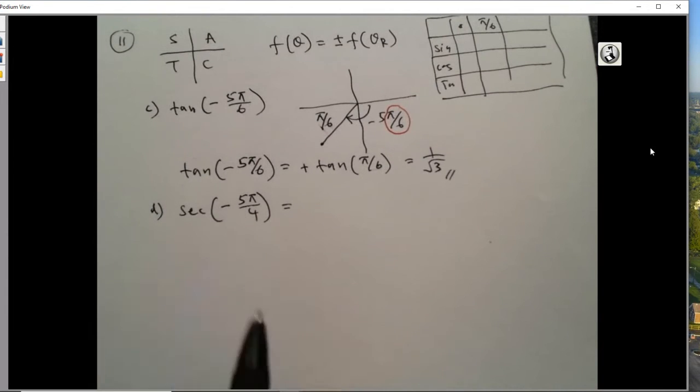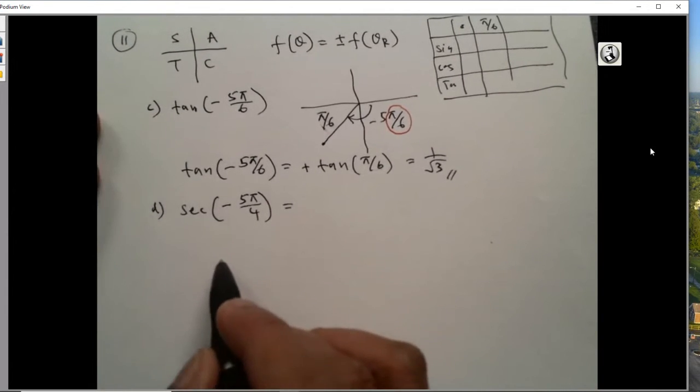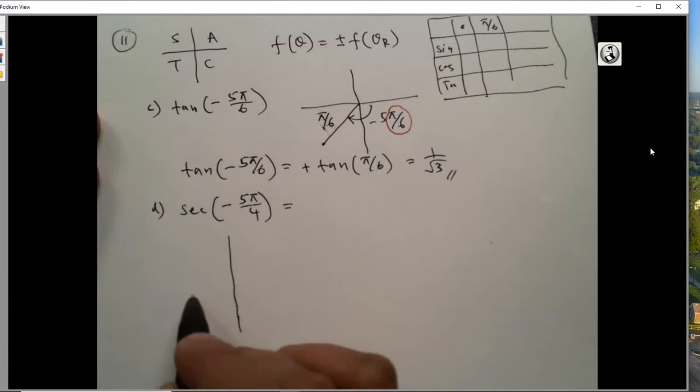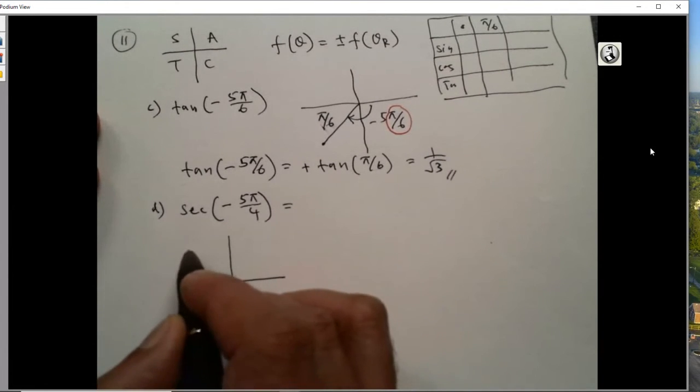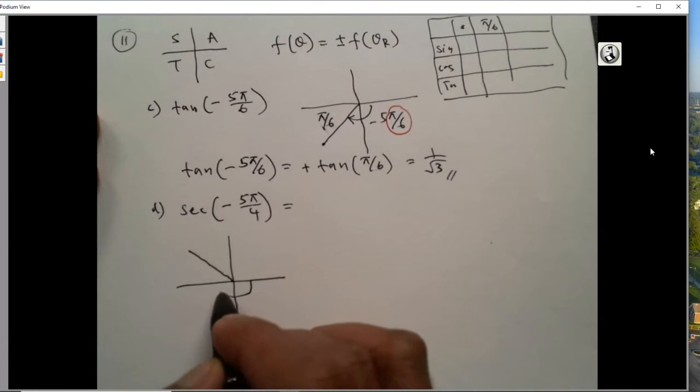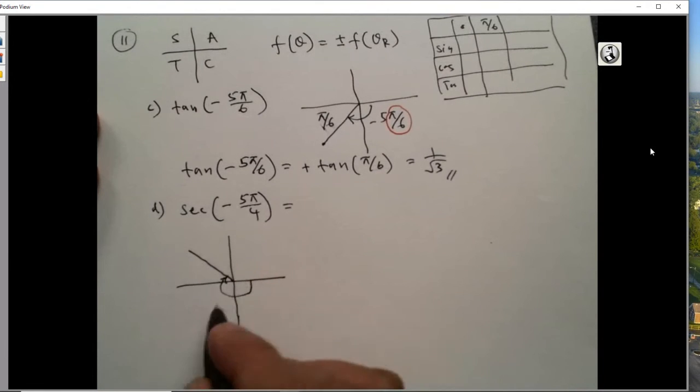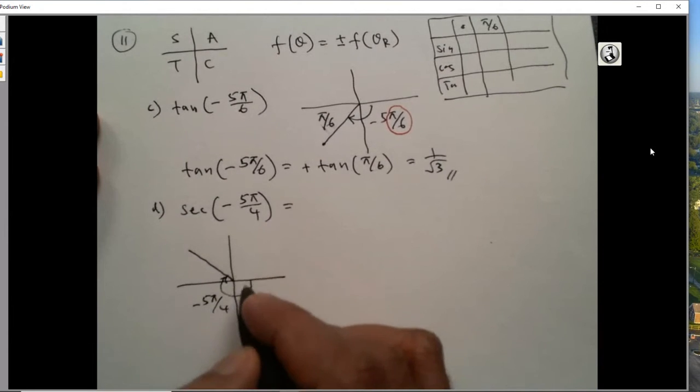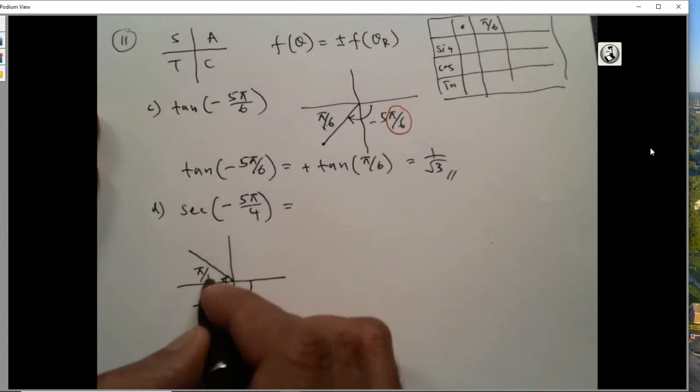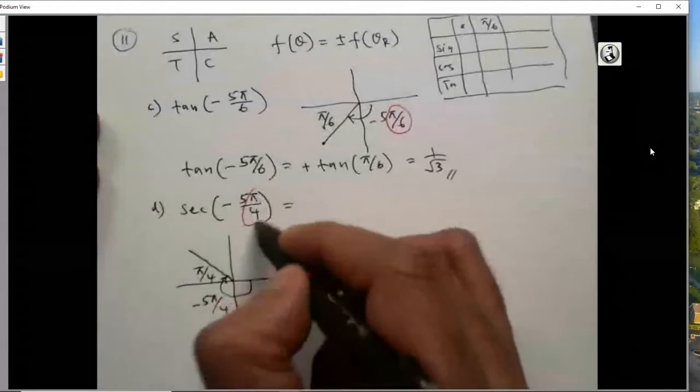That means you pass the line, which means you are in the second quadrant. You're right. So you are here, you go like this, right? So this is negative 5 pi over 4. So the missing angle, how much is missing? Pi over 4 is missing.